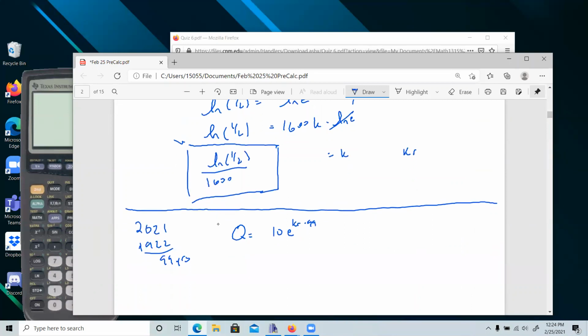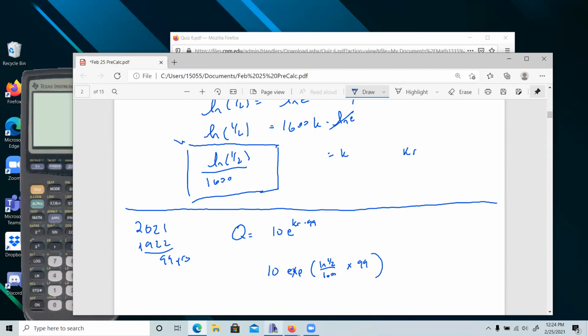So we have to do 10. If you ever have to read an older book that talks about e's, this is how they're going to represent it, so it's all on one line. Exponent, and then we're going to have natural log of a half over 1600 times 99.